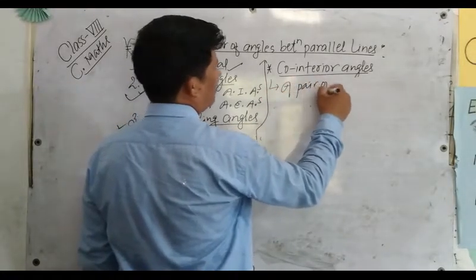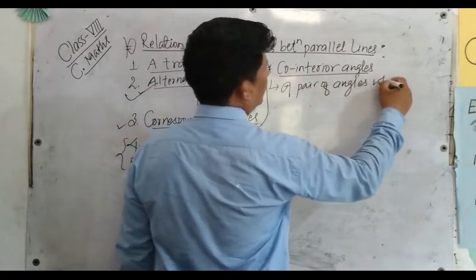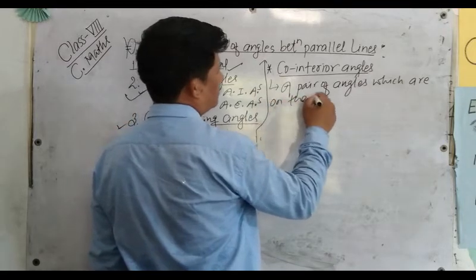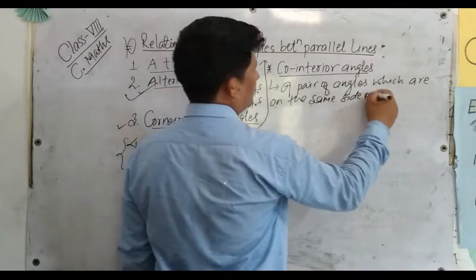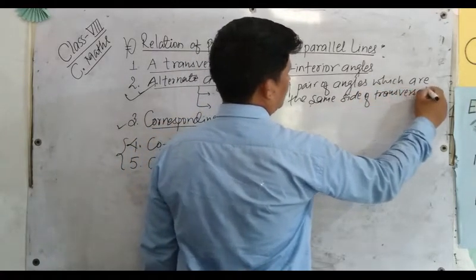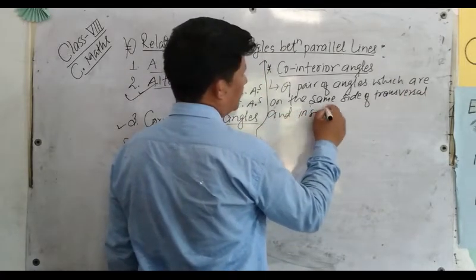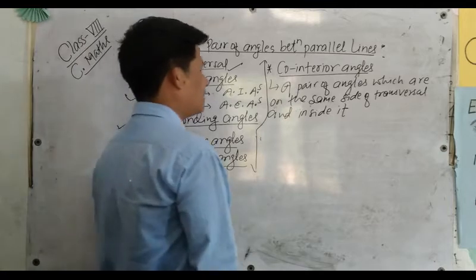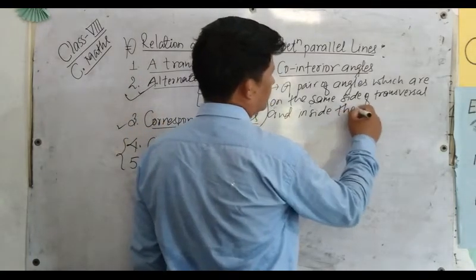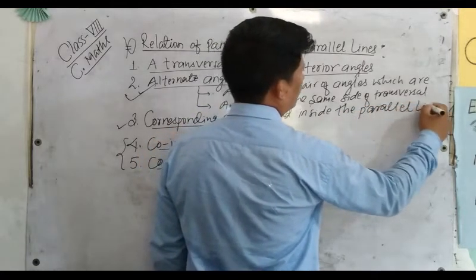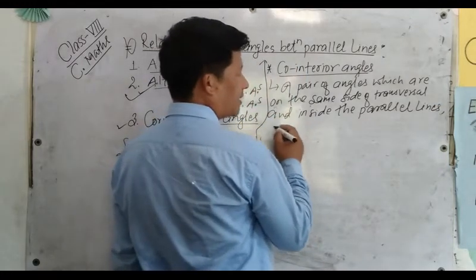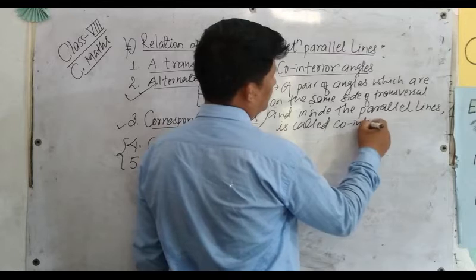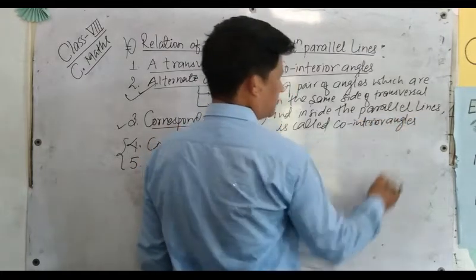A pair of angles which are on the same side of the transversal and inside the parallel lines is called co-interior angles.